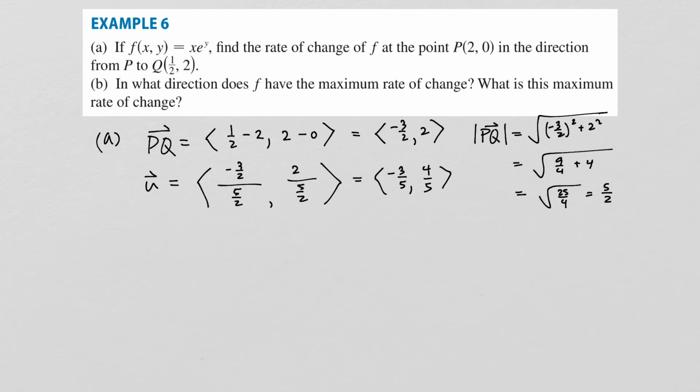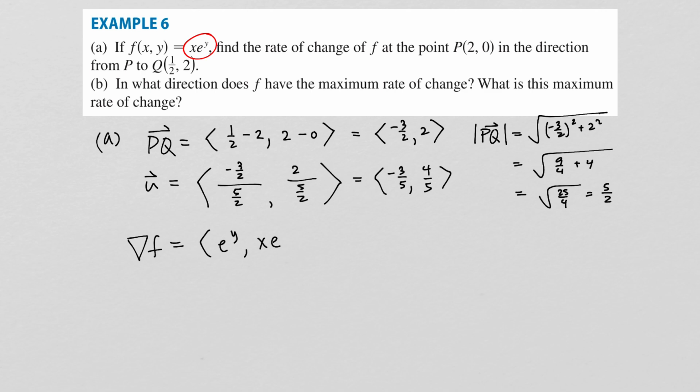So now that we have our unit vector, let's find the gradient of f. The gradient is going to be the partial derivative of this function with respect to x, which is simply e to the y, and then the partial derivative with respect to y, which is x e to the y.